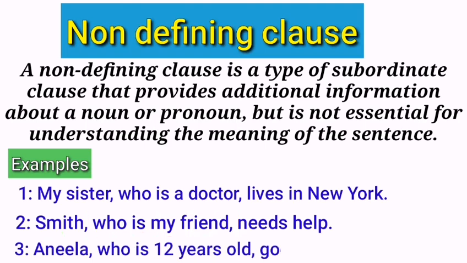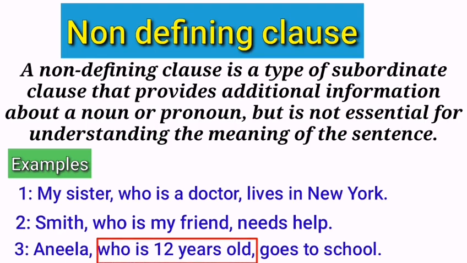Anila, who is 12 years old, goes to school. Observe this last example, the group of words, who is 12 years old, is a non-defining clause. Actually, it also describes the noun, Anila, and it provides additional information. Simply, you can say, all the characteristics exist in this group of words, so it is a non-defining clause.